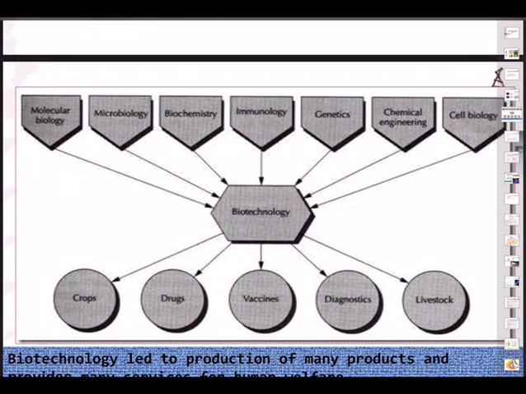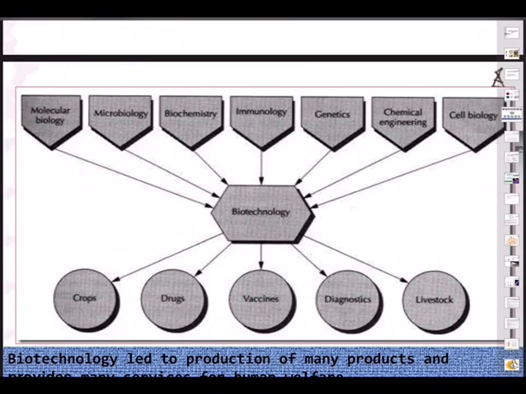So these are the various fields in which biotechnology plays a part: molecular biology, microbiology, biochemistry, immunology, genetics, chemical engineering, and cell biology. In all these fields, biotechnology plays a major role. And what are the things by which society is benefited? The society is getting new crops. We say GMOs, genetically modified organisms, with huge production, and the diseases that were present, now they are no more.